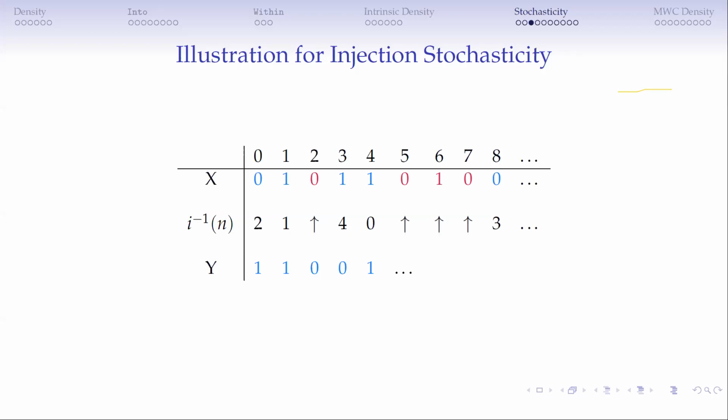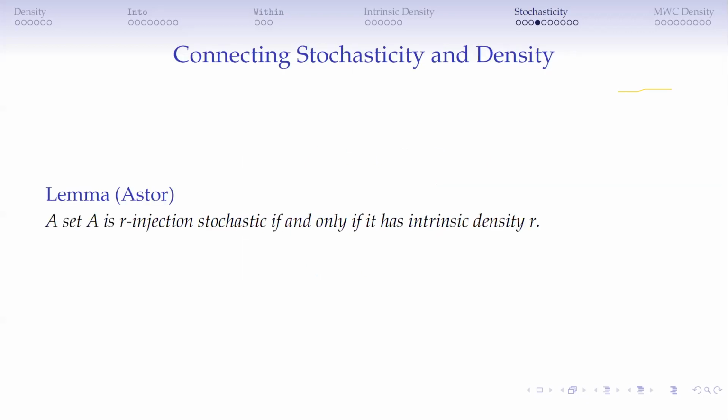Okay, so why do we care? What does this have to do with what we've done so far? Well, Astor proved that you're R injection stochastic if and only if you have intrinsic density R. So there's a connection right there. By studying the intrinsic density R sets, we've stumbled our way into studying things that we care about from an algorithmic randomness perspective, which is stochasticity.